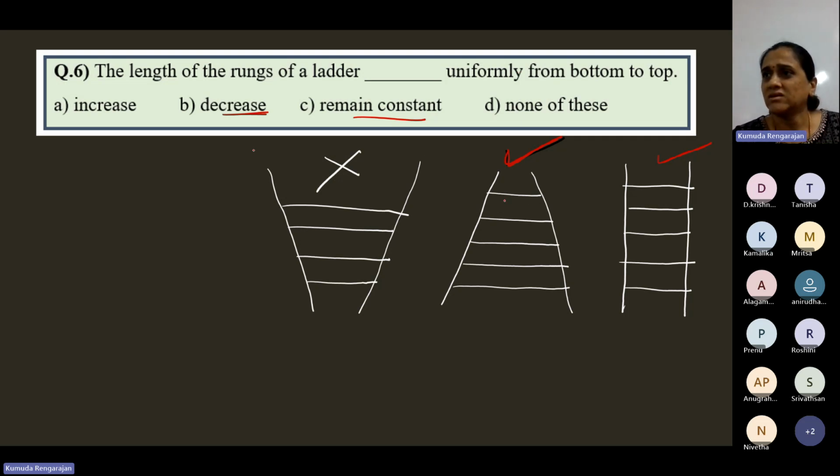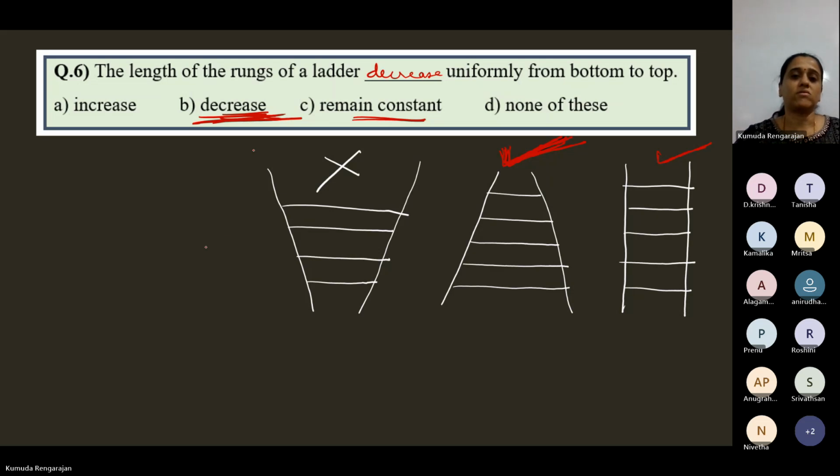In this case it's this answer, but to suit this sentence, we are going with this ladder, and so this option, decrease. Decrease uniformly from bottom to top reads nicely. Reads correct. So we are choosing that option.